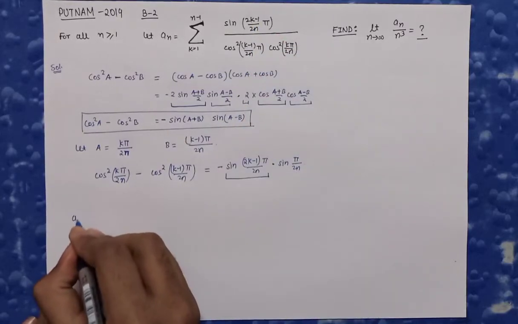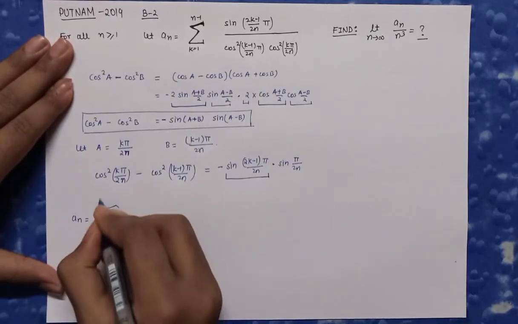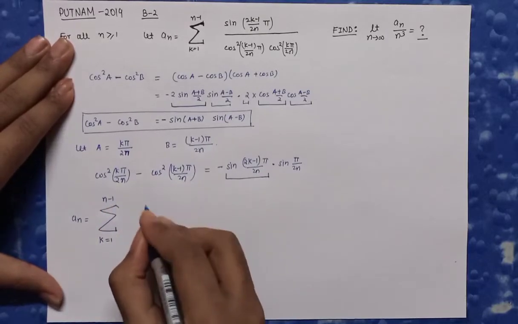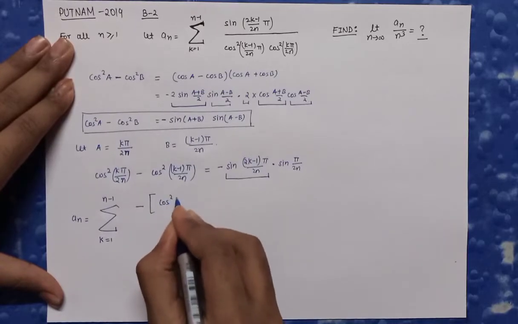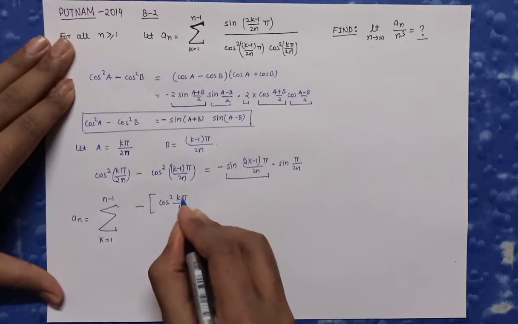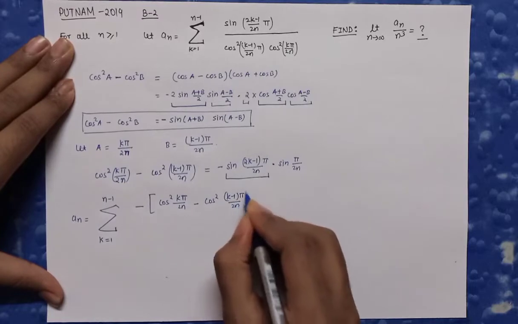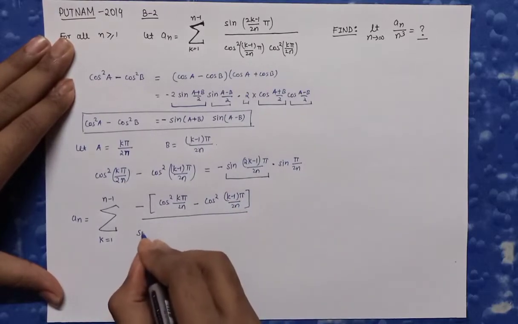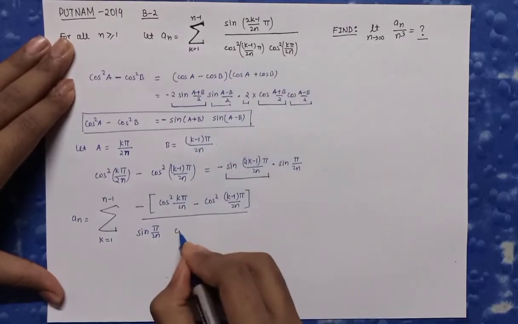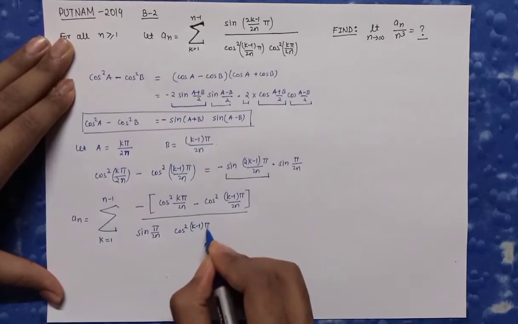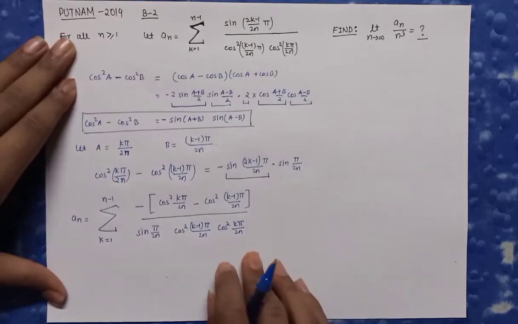So let's rewrite a_n equals the summation for k equals 1 to n minus 1 of minus times (cos square(k pi by 2n) minus cos square((k minus 1) pi by 2n)) divided by sin(pi by 2n), which is this constant term, and then these two terms in the denominator, cos square((k minus 1) pi by 2n) and cos square(k pi by 2n). Okay.